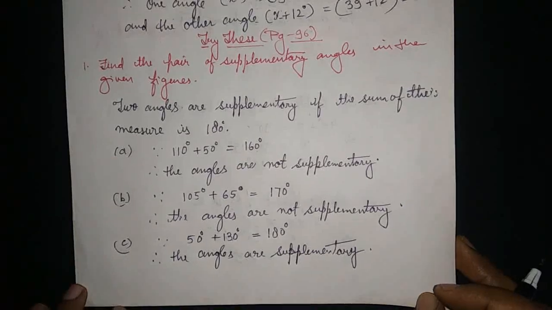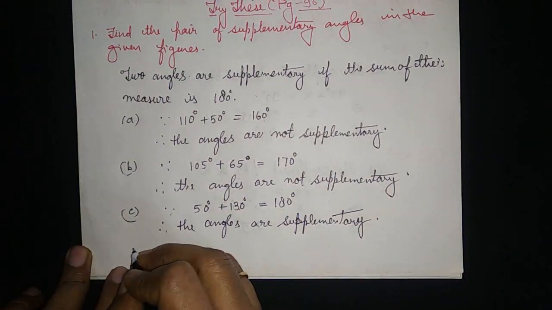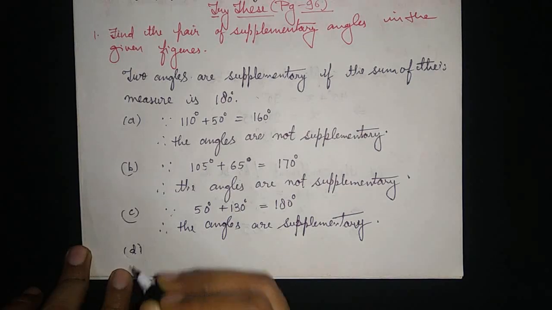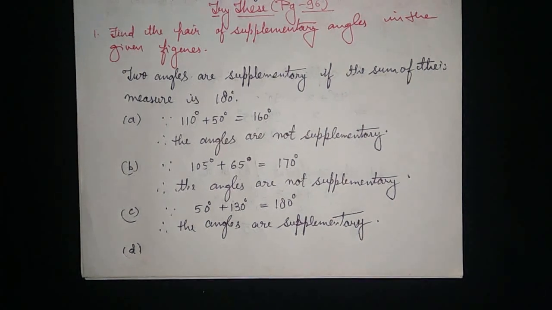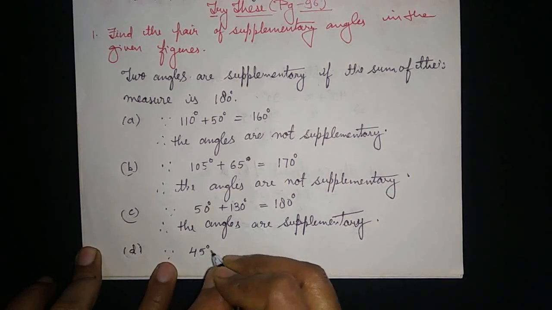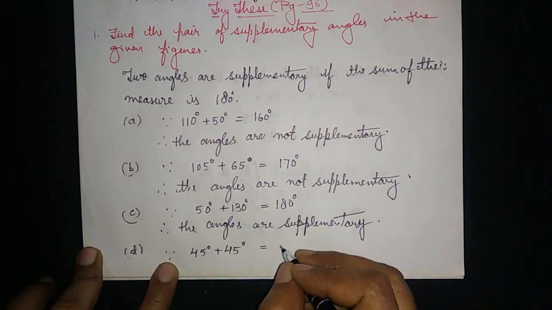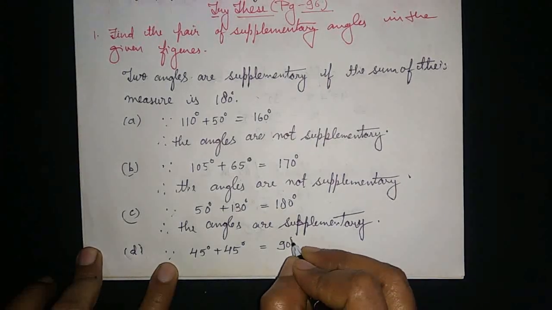Okay, now the last part, see in your book, measure of angles are 45 degree and 45 degree. Okay, here we add 45 degree plus 45 degree, sum is 90 degree.